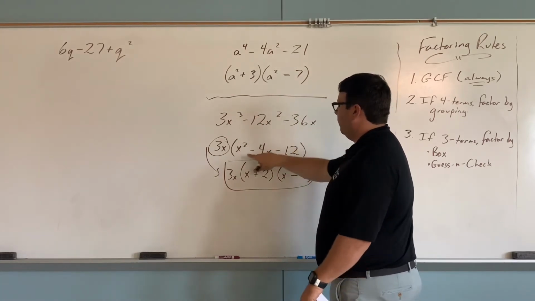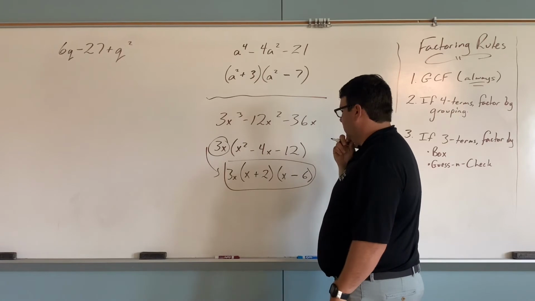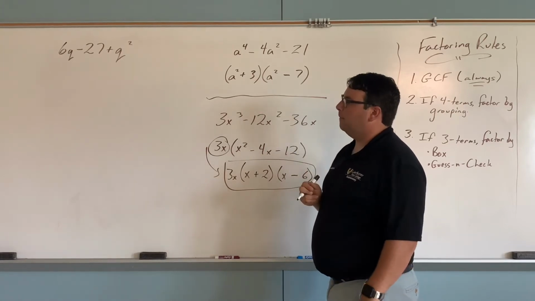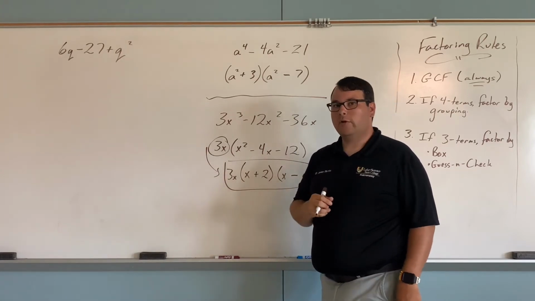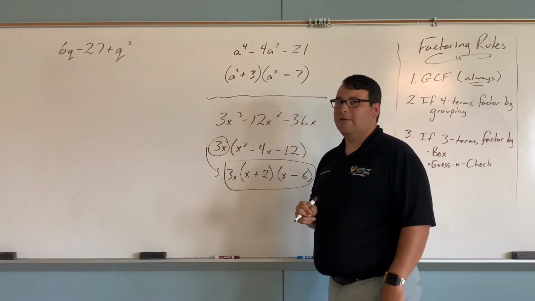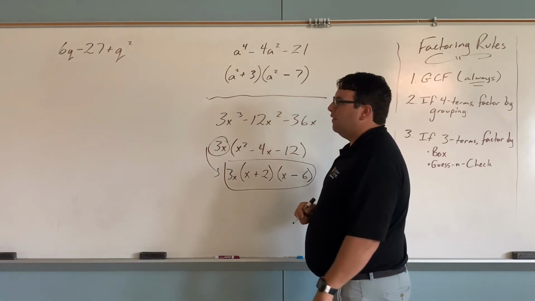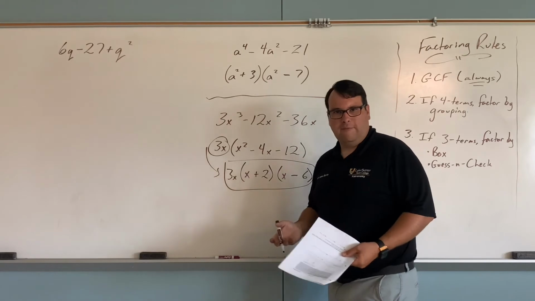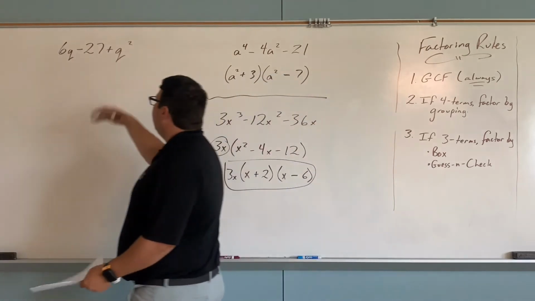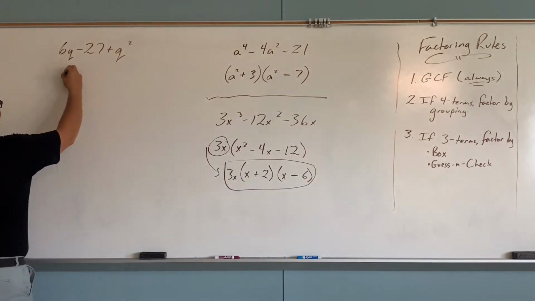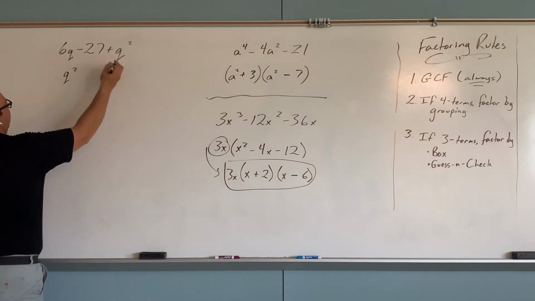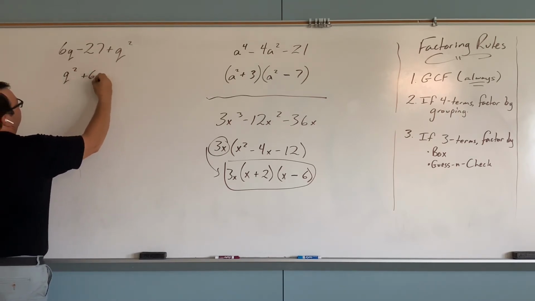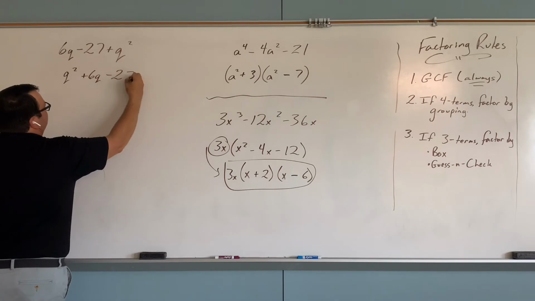Even when I factored this one out, it was still in descending order. But that one's not. So the first thing you want to do is put that into descending order, because it's not in a format that you can really do any factoring with anyways. So put it in descending order and then re-evaluate that problem. So you have q squared plus 6q minus 27.